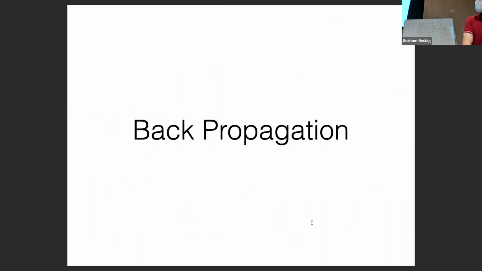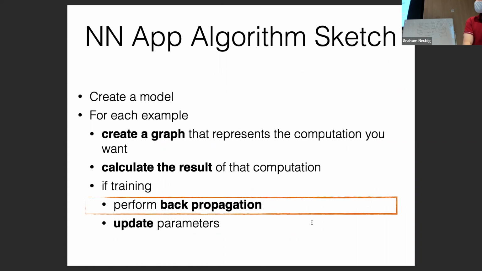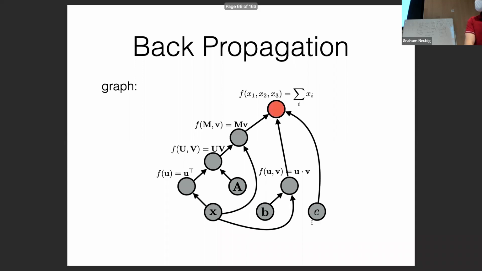For backpropagation, if we're training, we'll want to be doing this. Basically, we start at the end, assuming this is our loss function, the thing we want to calculate derivatives with respect to. We also assume it's a scalar value, so we can only have a single loss function, not a vector of loss functions.